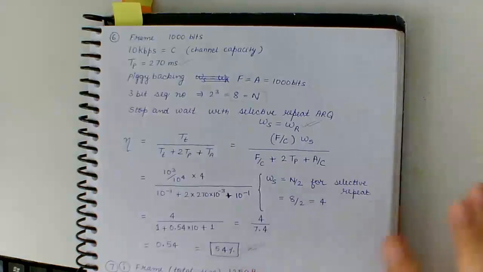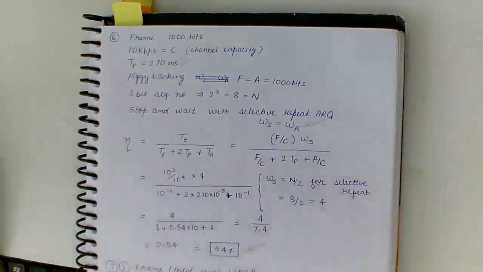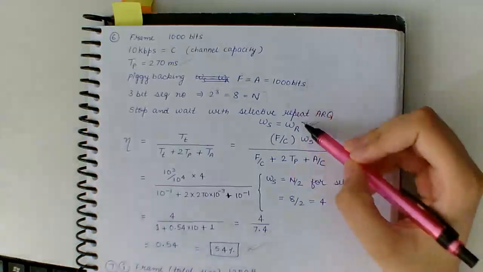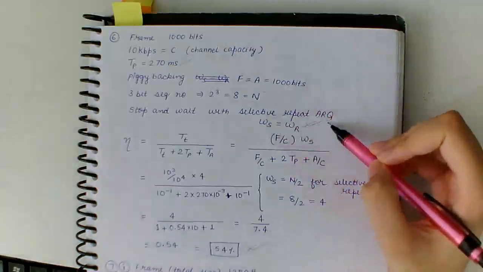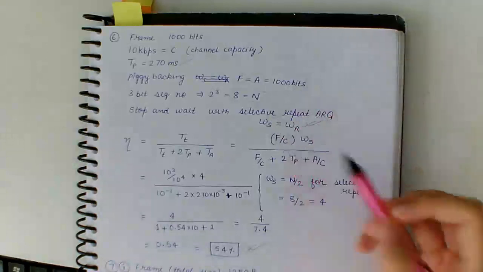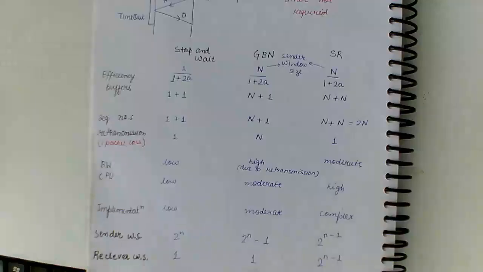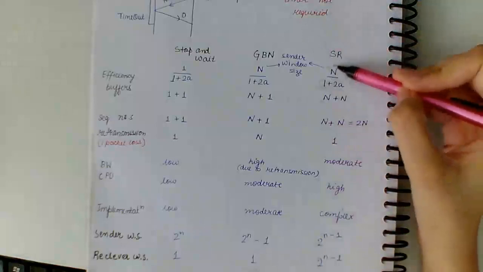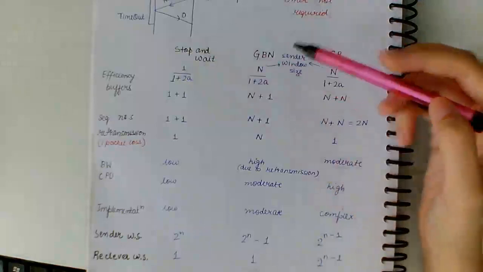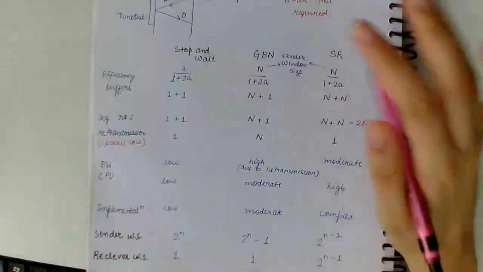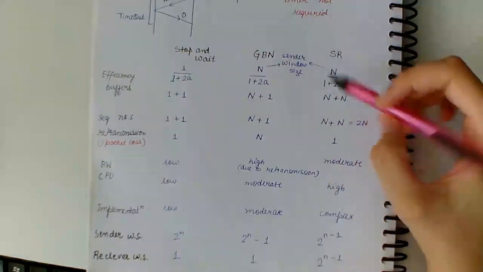I hope you understood this question. Please check out the formula for calculating efficiency in a selective repeat ARQ and how we use window size. As you can see in this table for SR, the efficiency is given by n. This is not the same n as I have used in the question.